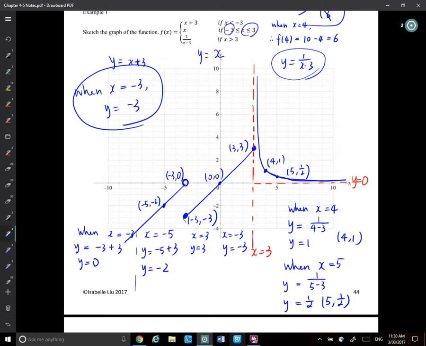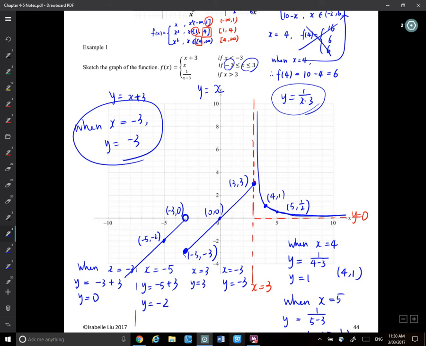So I need to label 2 points on this linear, 3 points on the second linear, 2 points on the hyperbola, and 2 asymptotes. There is nothing different compared to the normal function and hybrid functions, because a hybrid function is just drawing 2 or more graphs on the same set of x-axis.